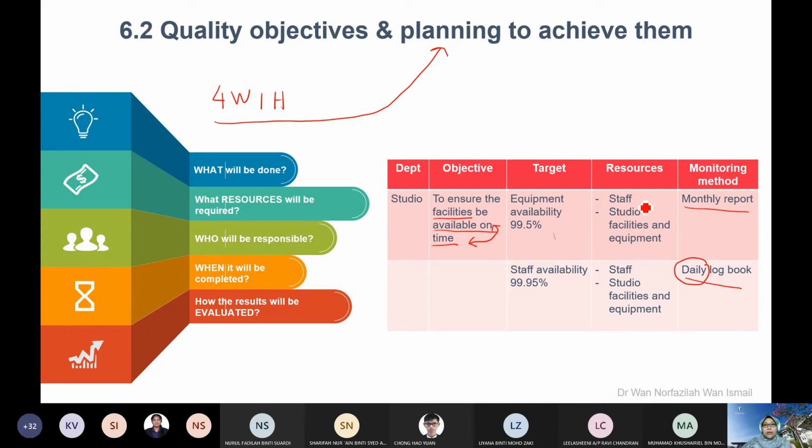And also the resources, the person in charge. How you monitor, you can put it here according to your target and objective. It might be different from this one.